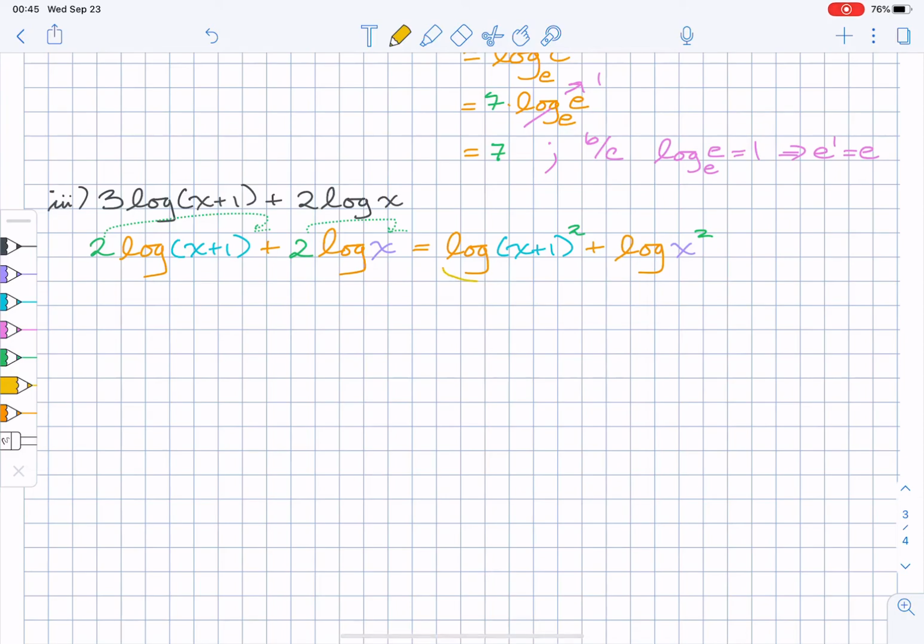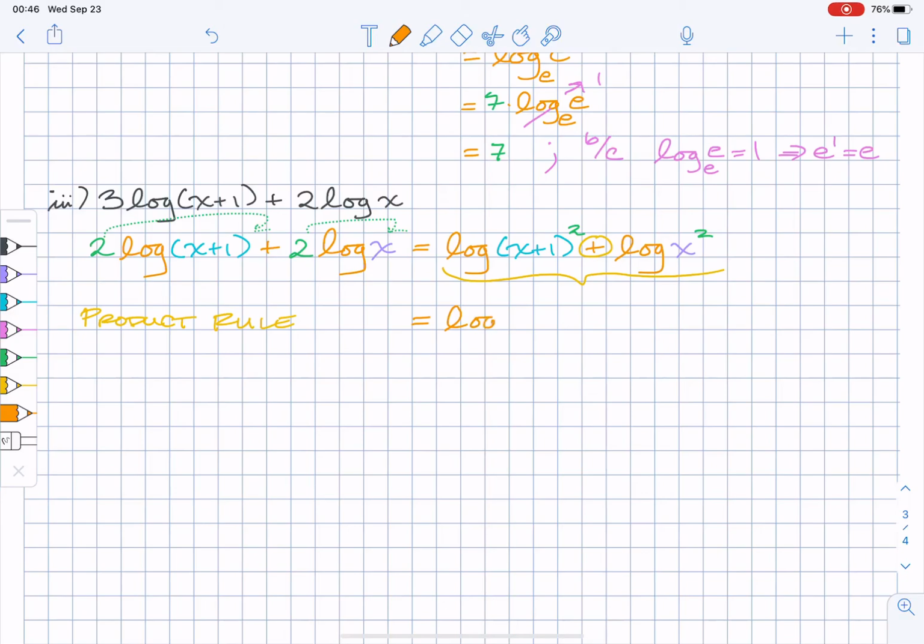And now that I see these both have the same base, what's the base here? If it's not explicitly written, it's common logarithm, so it's base 10, right? But we're going to use the product rule here. Product rule. Okay, so that means I just take the product of the two arguments.